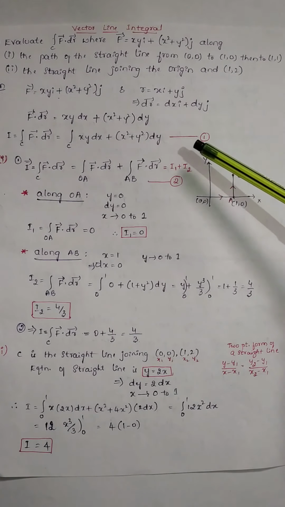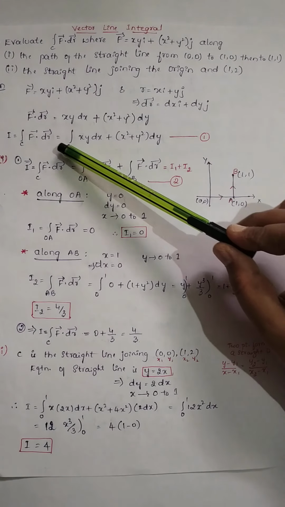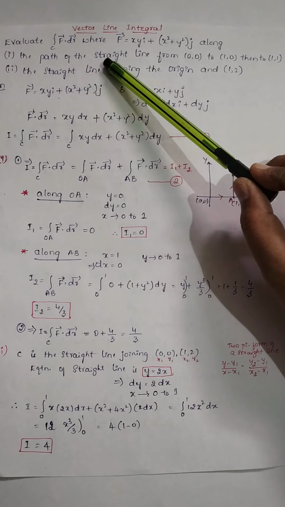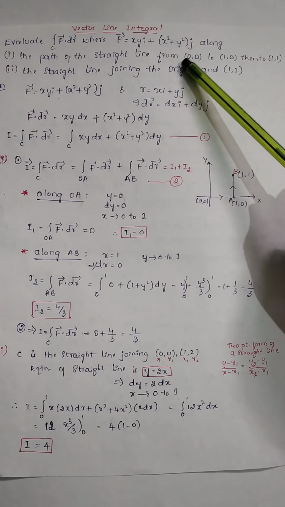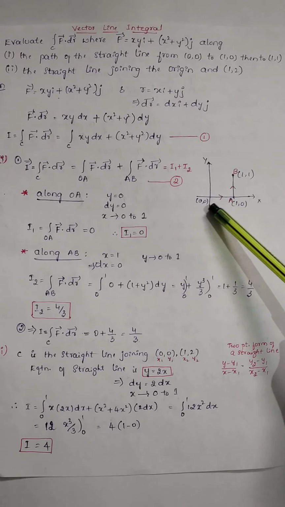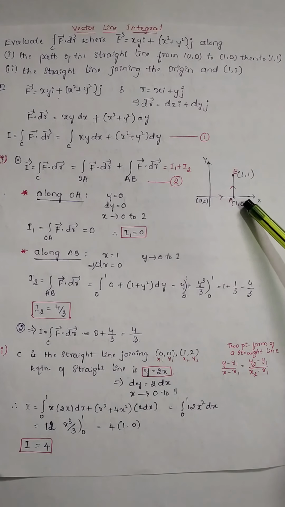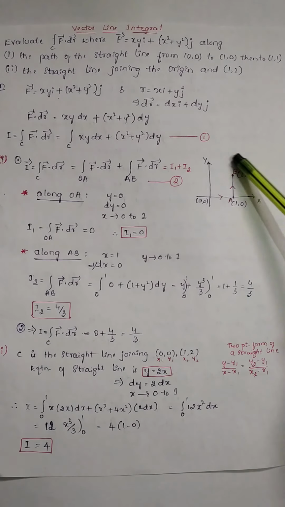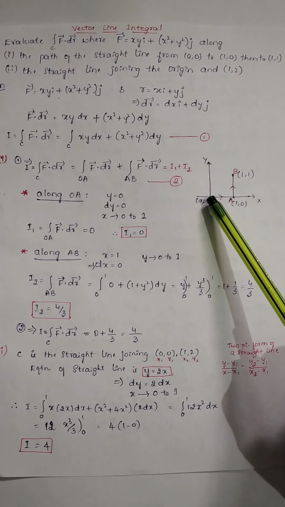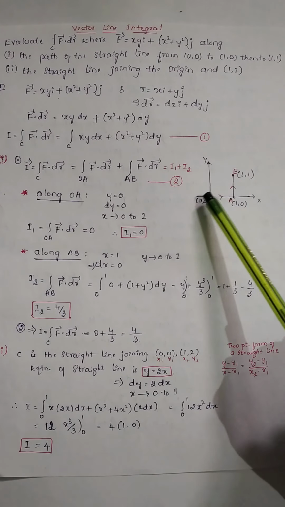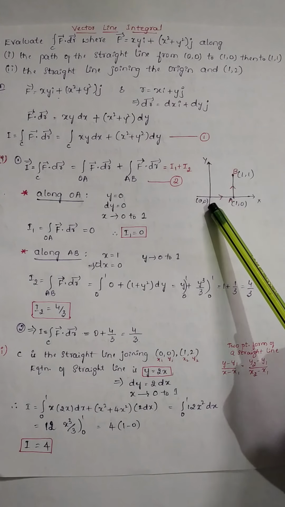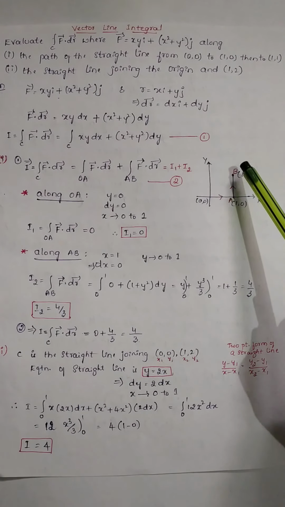The first question is the evaluation of I over the straight line from (0, 0) to (1, 0) and from (1, 0) to (1, 1). After plotting the points, there will be two straight lines, OA and AB.